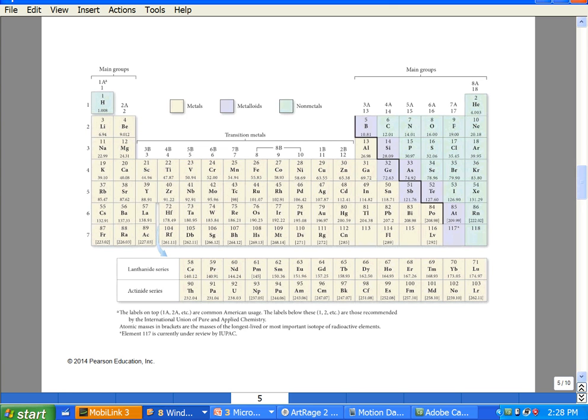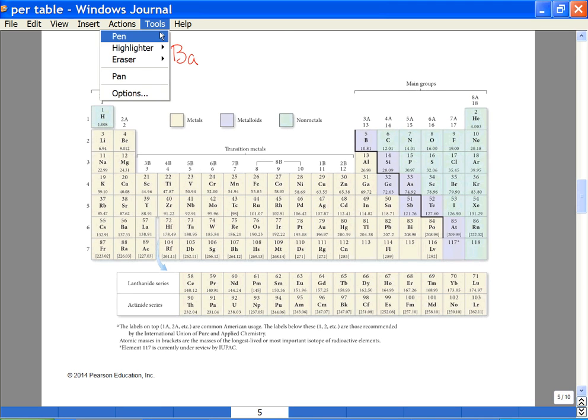So barium is, let's see, it should be somewhere over in here. Yes, barium is right here. Barium is in group 6, on the 6s block, which is the highest filled orbital there.